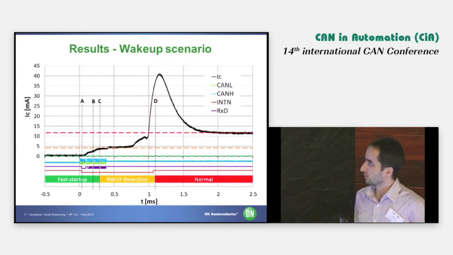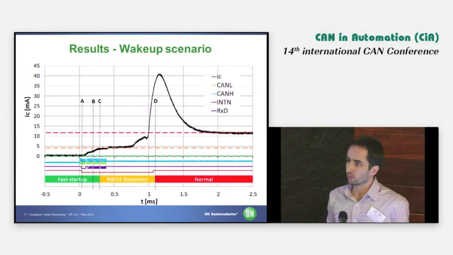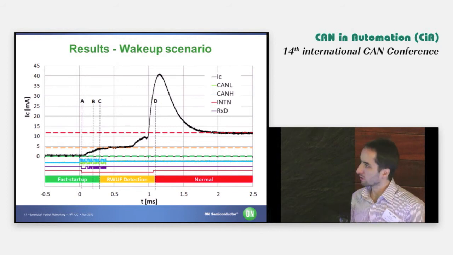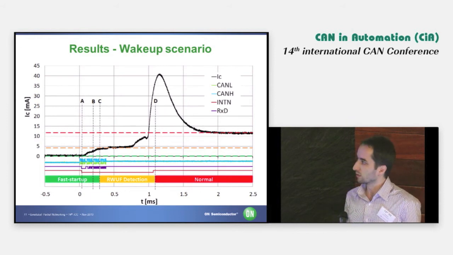So it's quite fast, and of course the current consumption is a bit increased in comparison to the requirements for selective wake-up and the partial networking concept, but it's an option, as I said, for those who cannot implement these partial networking CAN transceivers.